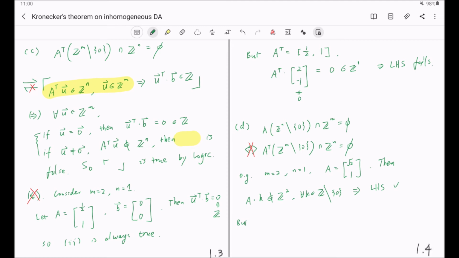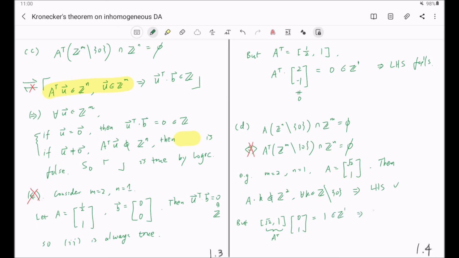This is because if you consider AT, this is AT, and you multiply by this vector, this gives you just 1, which is an integer.